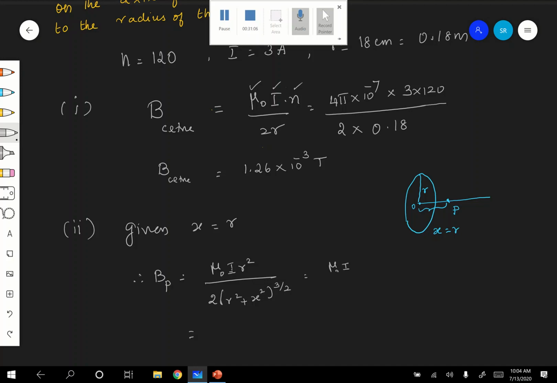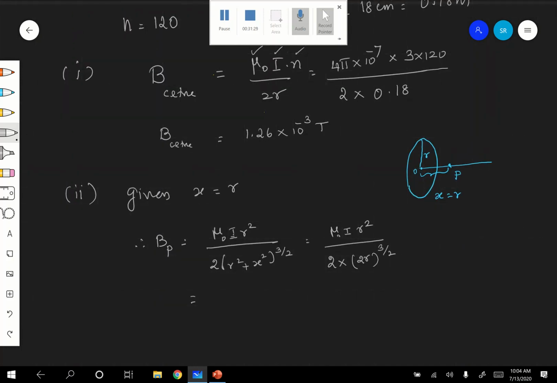I think we derived with r. Mu naught I r squared divided by 2 into, these two r, r is equal to x, therefore 2r the whole power 3 by 2. Okay, 2r the whole power 3 by 2. Therefore on substituting, you will be getting 4 pi into 10 power minus 7 into what is I?